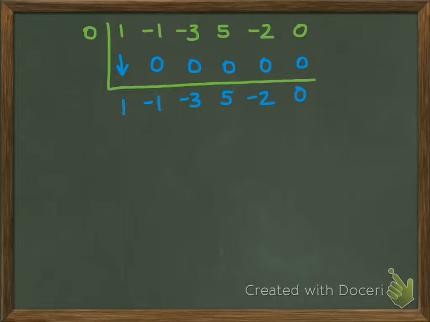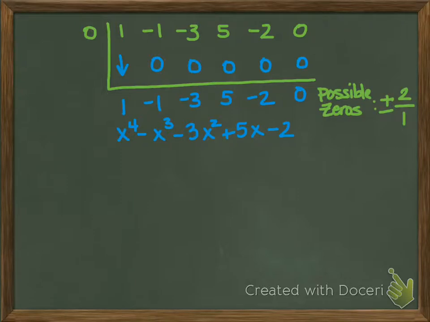But the factors now are going to be plus or minus 2 over 1. So factors of 2 over factors of 1. Well, that's just going to be 1 and 2 over 1 is just positive or negative 1 and 2. Okay, so we're going to continue on with synthetic division using these possibilities. We have one solution, so now we just need 4 more.